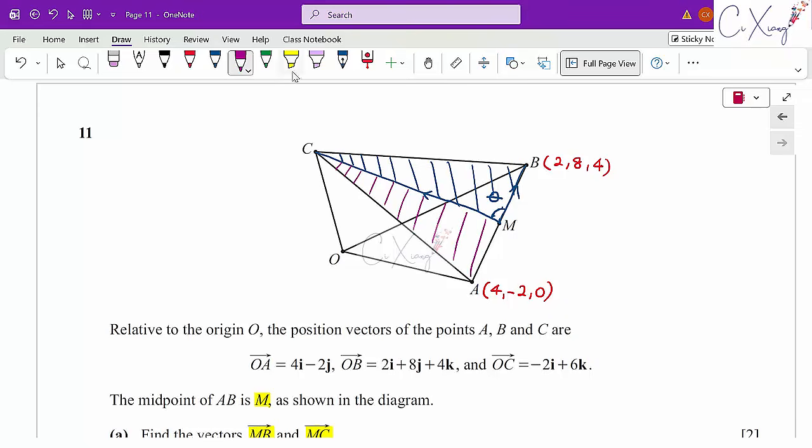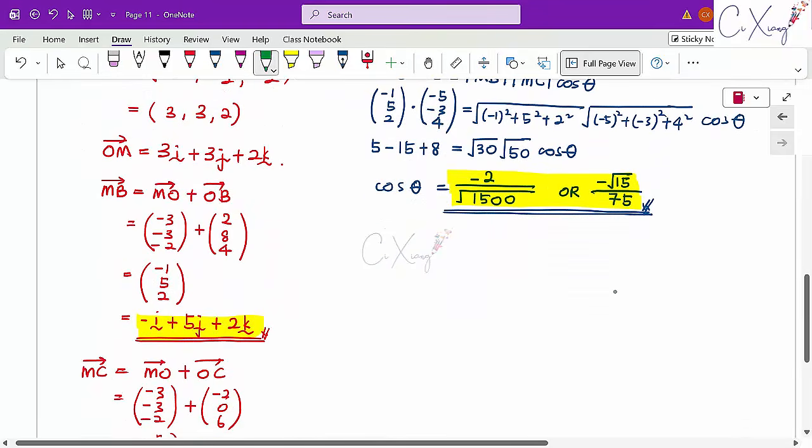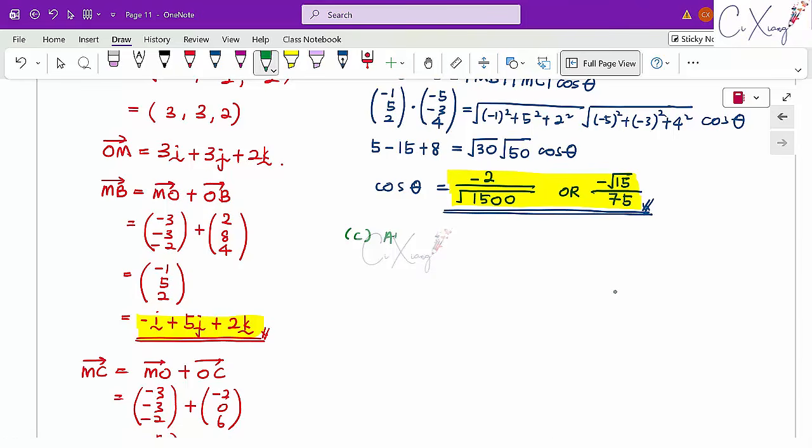Alright, so let us start first. I'm now on part C. If I write out the steps, what I want here is the area of triangle ABC, so I want to use the area of triangle CMB plus the area of triangle CMA.